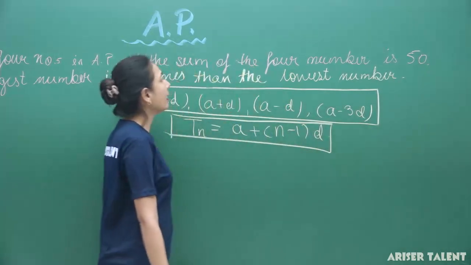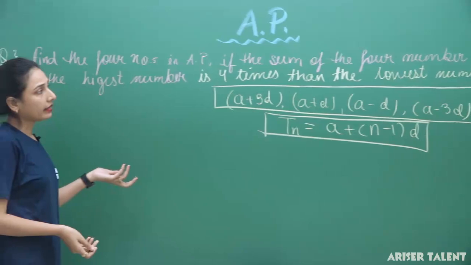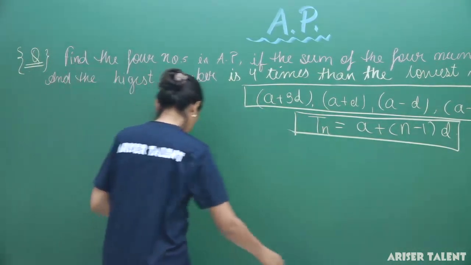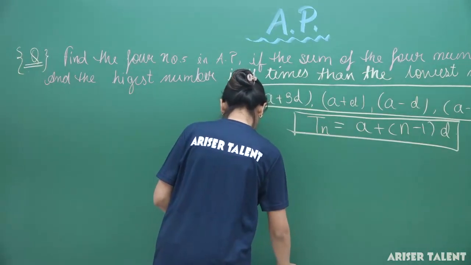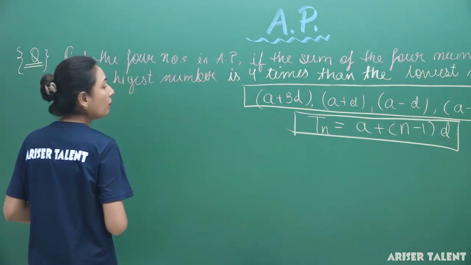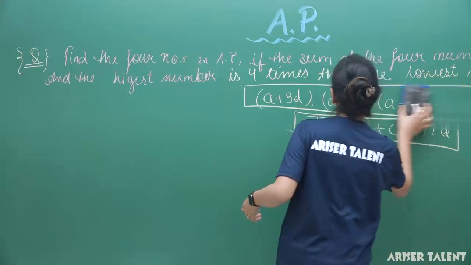You can say the greatest number is 4 times the smallest number, right? Now with the solution, lowest number, you can say the least.